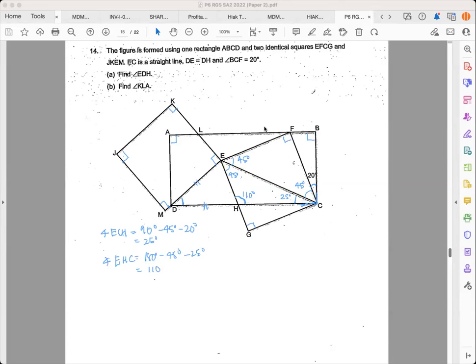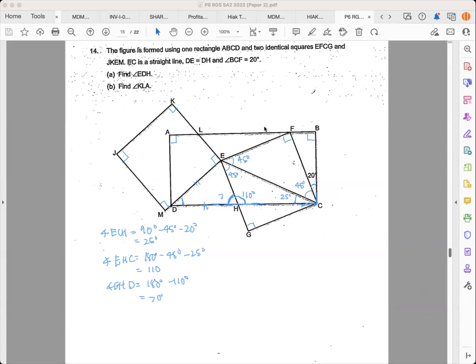Now that we got angle EHC, we can find this angle, which is the bottom of the isosceles triangle EDH. This is a straight line, so angles on a straight line add up to 180 degrees. Angle EHD, this angle, is equal to 180 degrees minus 110, and that's 70 degrees.